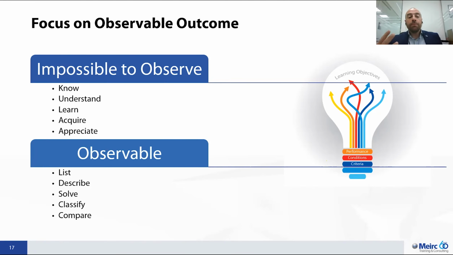And that's why, in terms of knowledge, we can replace the verbs above with some more observable ones, like listing. List the 5 main reasons for poor listening in organizations.